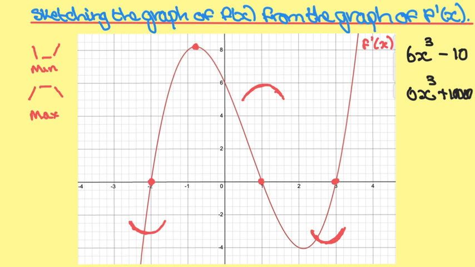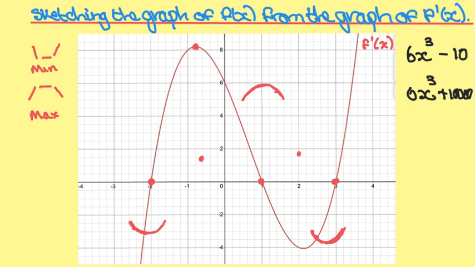That means the concavity changes from positive to negative or negative to positive. So halfway between the two, we've got a point of inflection there. Again, between the other two, we also have a point of inflection.